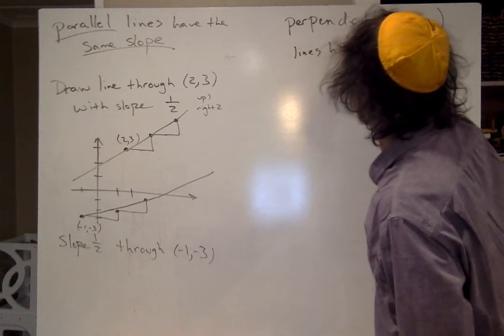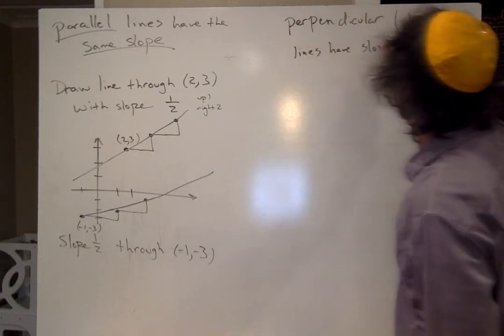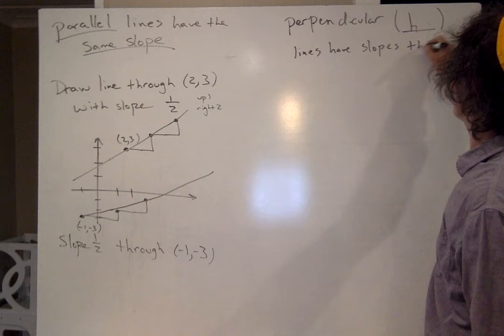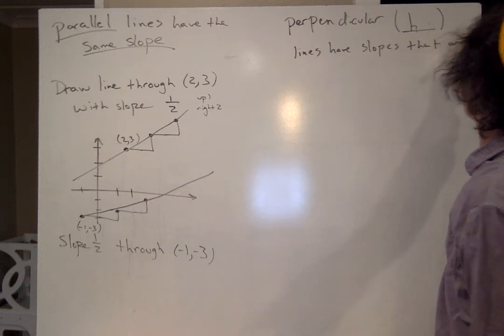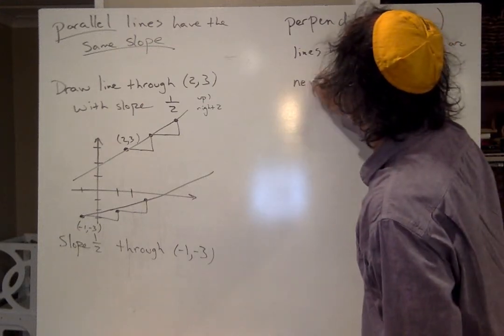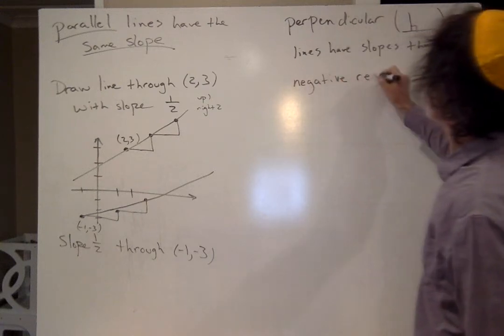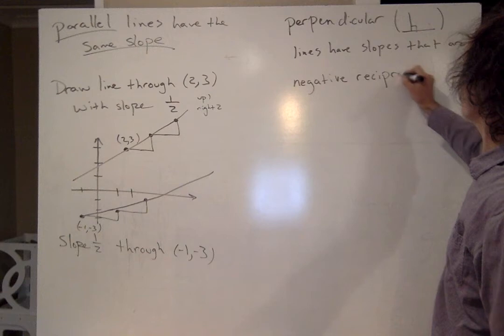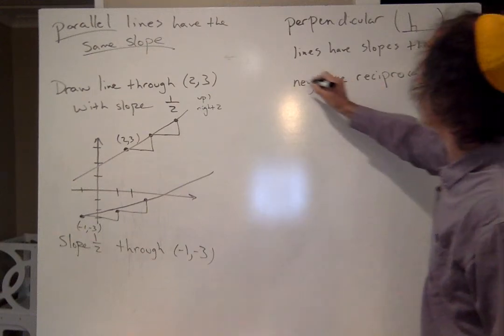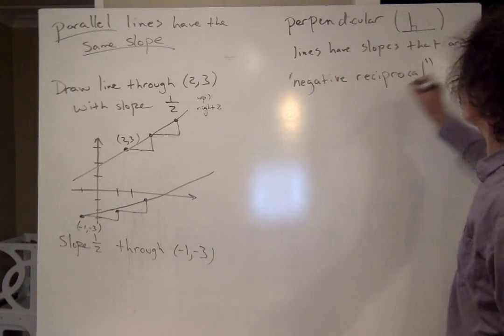Lines that are perpendicular have slopes that are negative reciprocals.